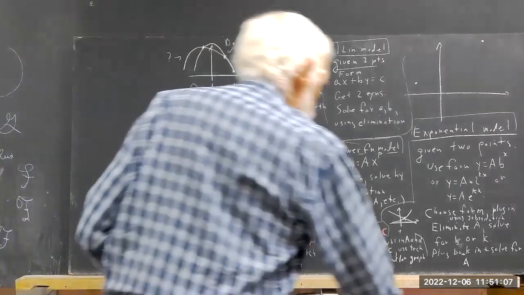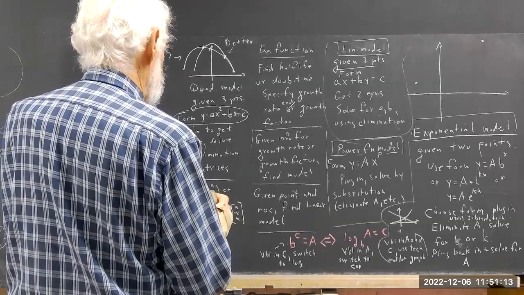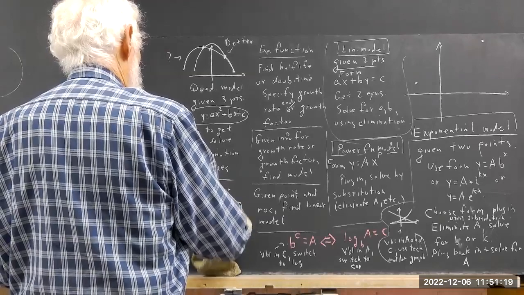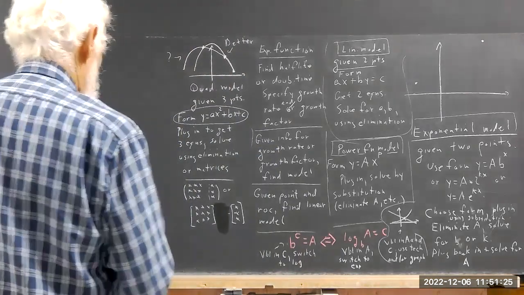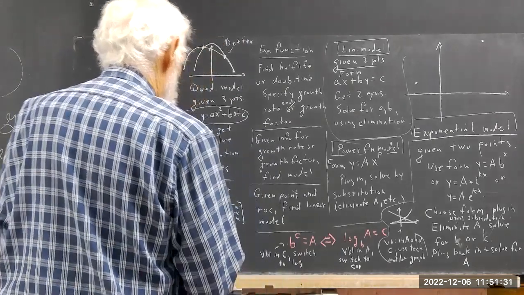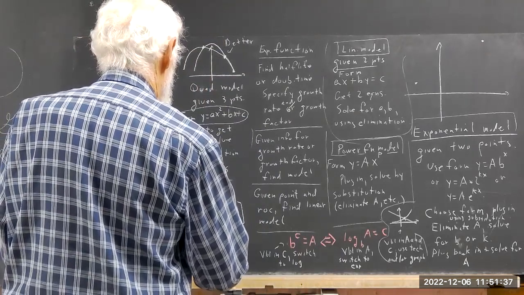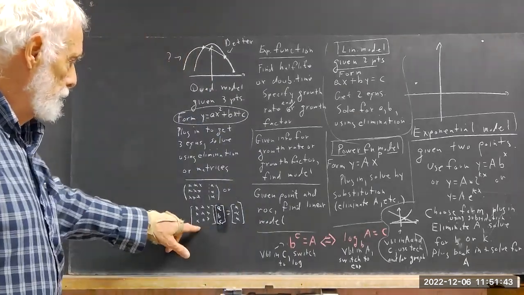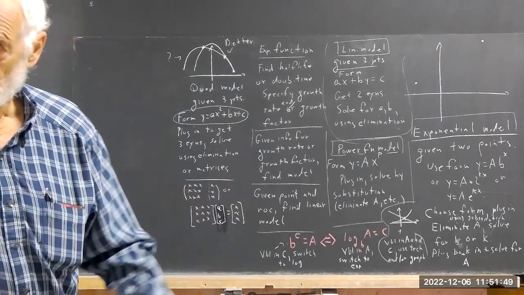And it's not actually x, y, z. If we're using the form ax squared plus bx plus c, it's abc. I need to correct about this. Okay. Because, of course, A, B, and C are the unknown parameters.